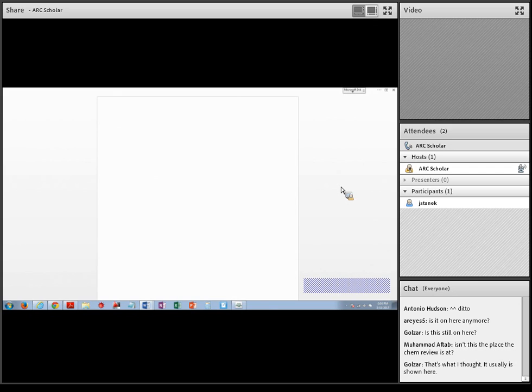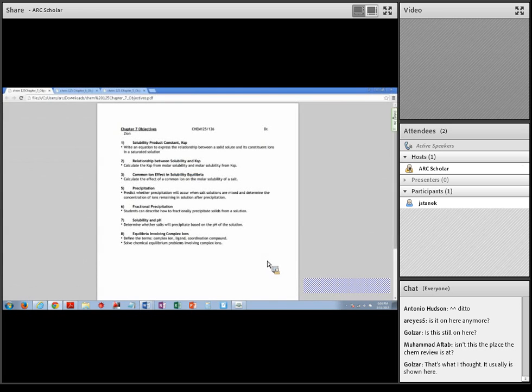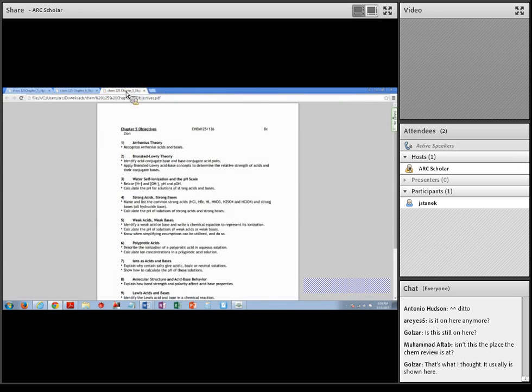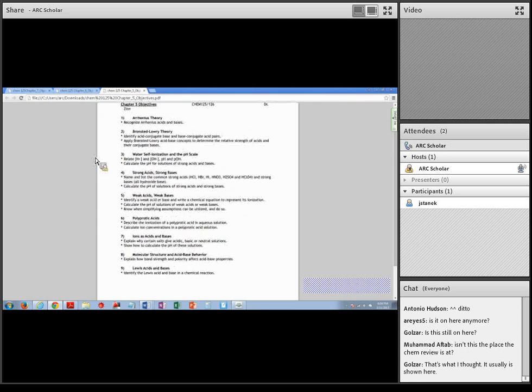Starting off with chapter 5, you have to know 3 different types of acids and bases: the Arrhenius theory, Bronsted-Lowry, and Lewis acids and bases. We'll talk about that, and probably go through strong acids and bases, weak ones, and polyprotic ones, hitting each thing in line.